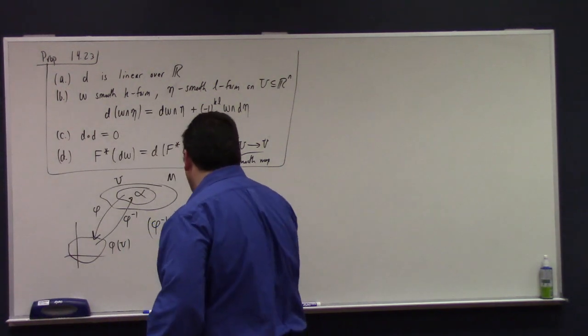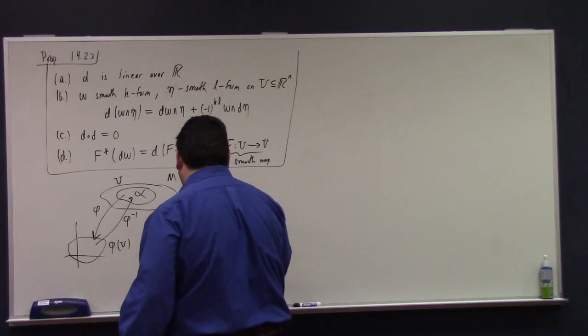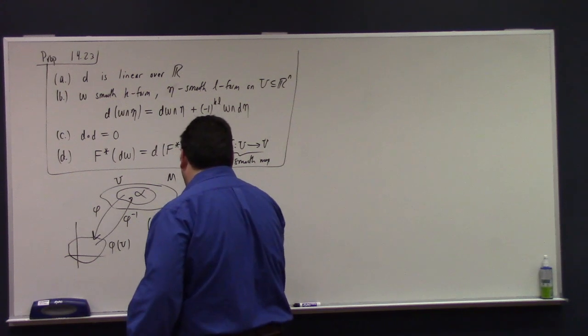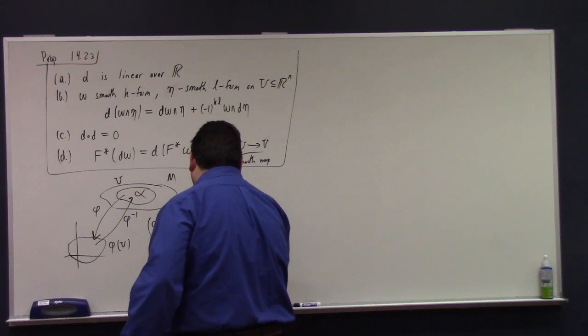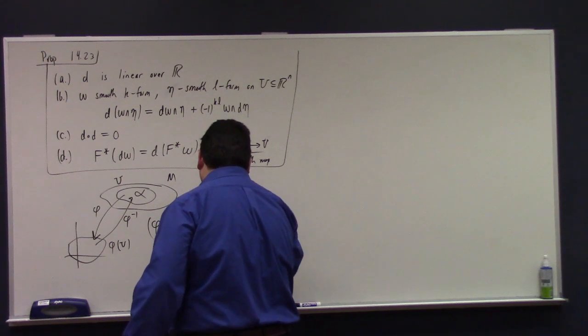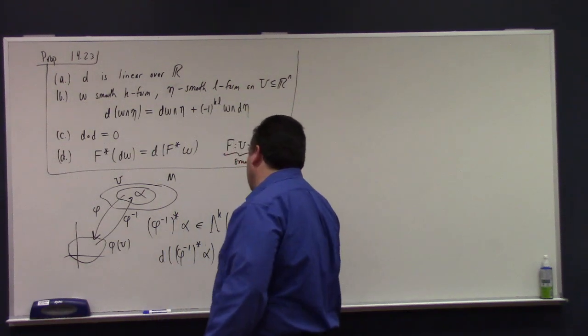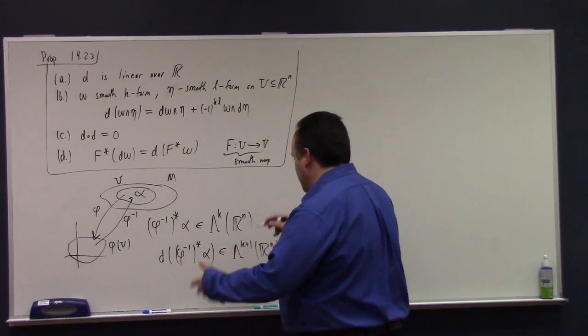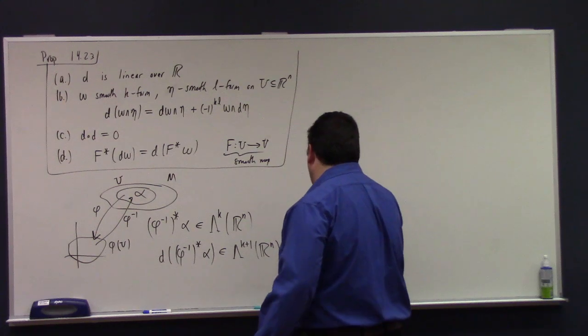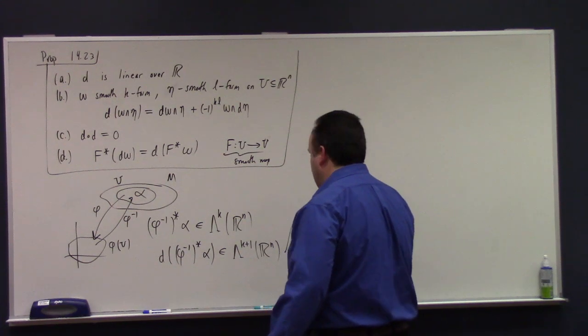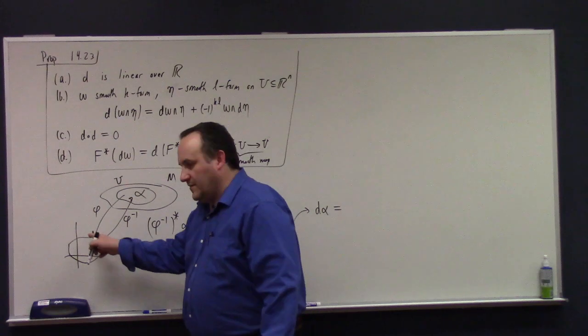So this would be an element of lambda k plus 1 on Rn, right? So if I'm doing this, how would I define d alpha? This is down here somewhere, right?